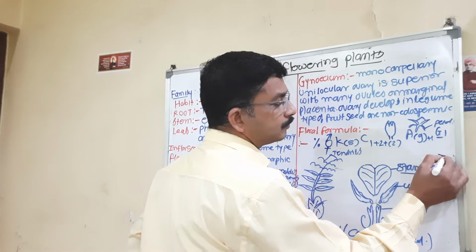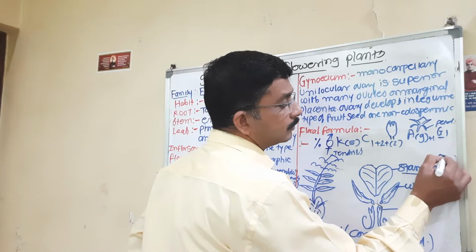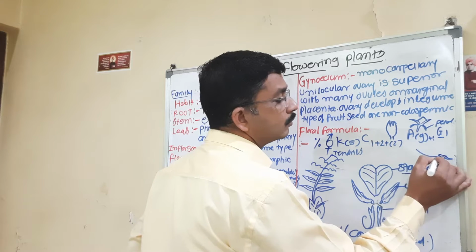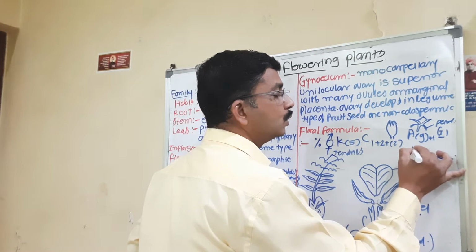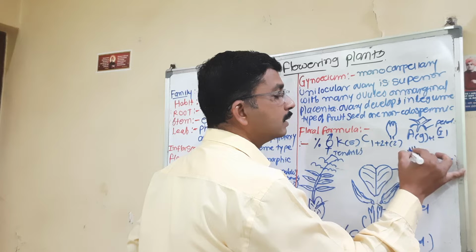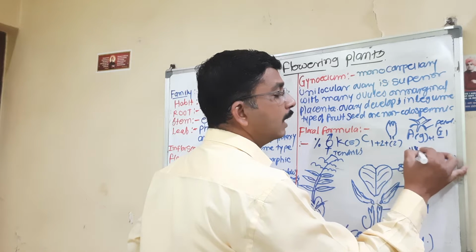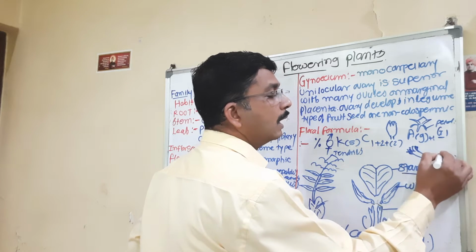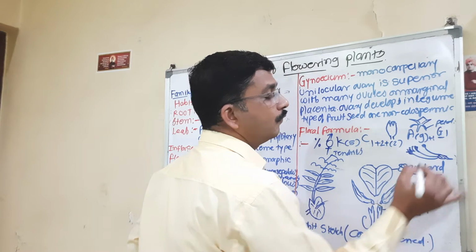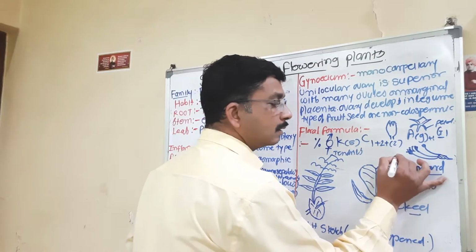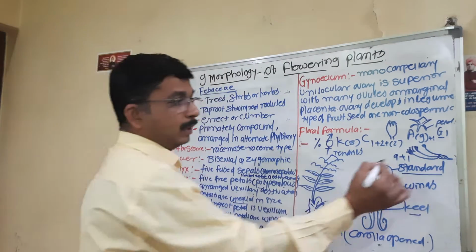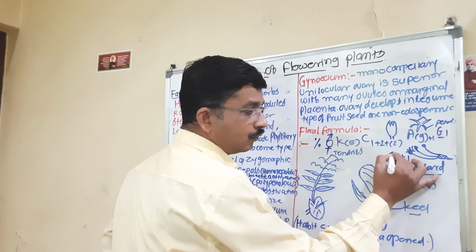If this is a diagram of the androecium, 1, 2, 3, 4, 5, 6, 7, 8, 9, these stamens get fused and a single stamen is free. This is the 9 plus 1 condition.